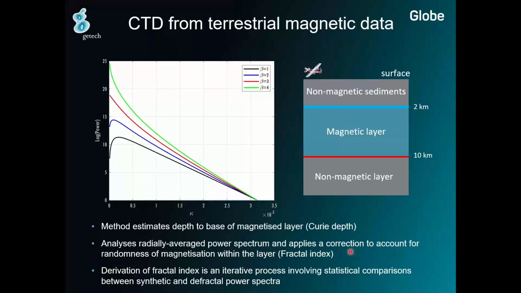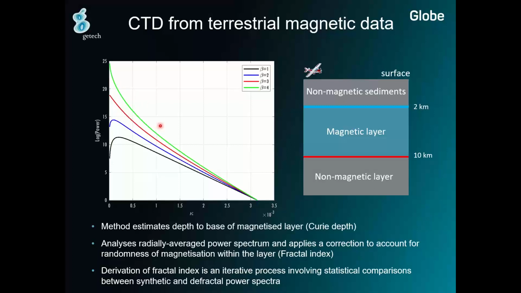In a fractal distribution, the magnetization is correlated to a greater or lesser degree. Beta here is our fractal index. Beta equals 1 is the purely random case. But as the fractal index increases, the peak reduces and in fact disappears, and we're left with these curves here.